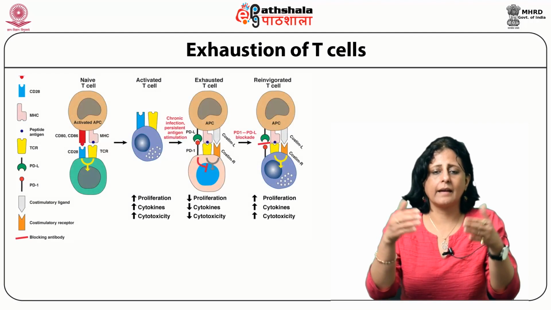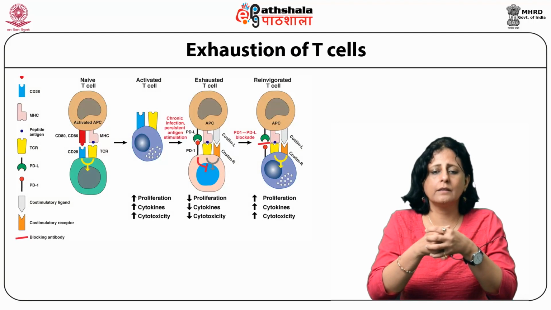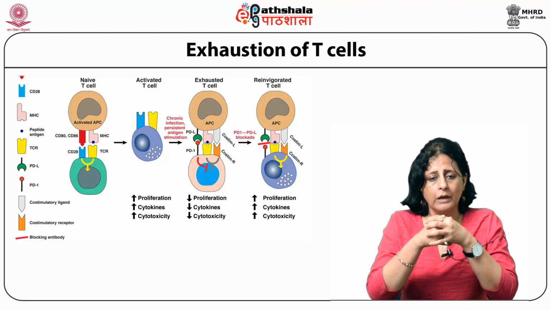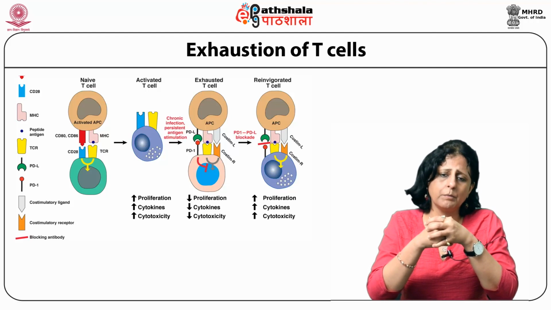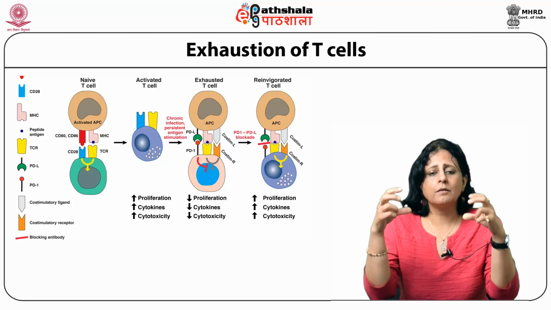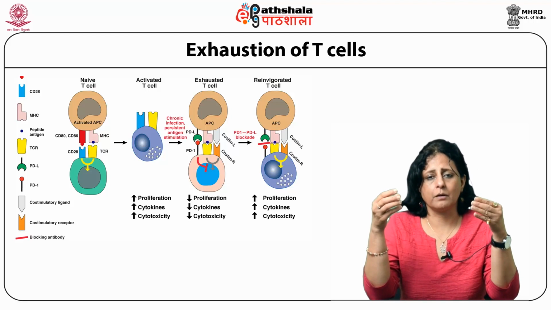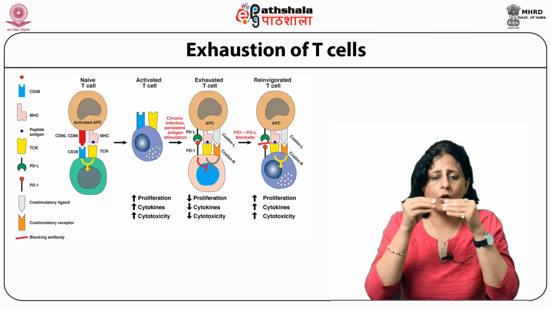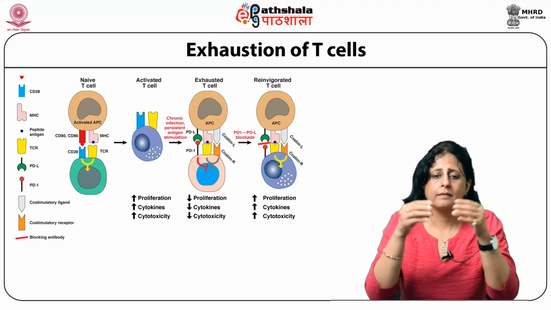In earlier slides, I explained how T cells are the real main player in antiviral immunity, and what happens if these T cells are exhausted. So you will ask me how the T cells become exhausted. There is one kind of receptor, the programmed death molecule, PD1, present on the cells.